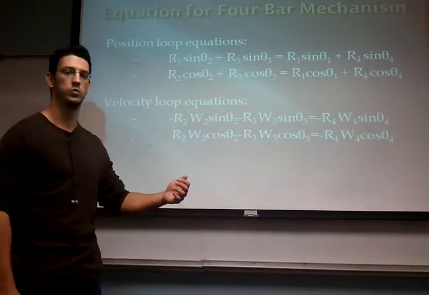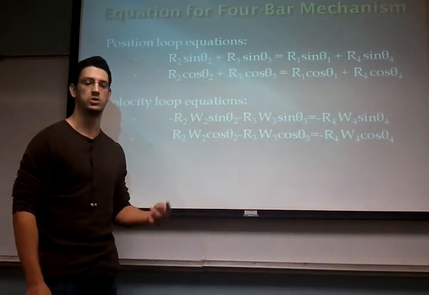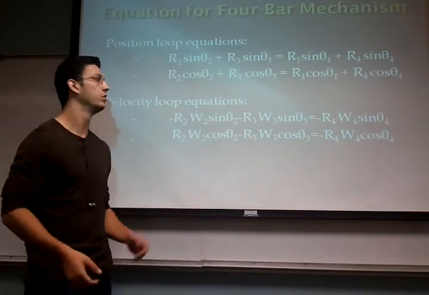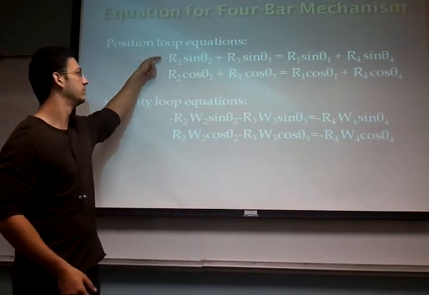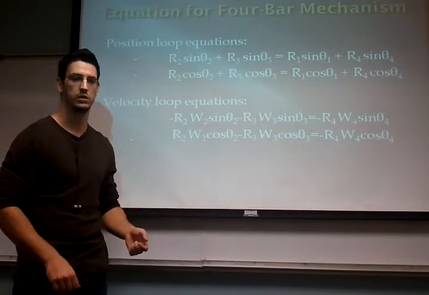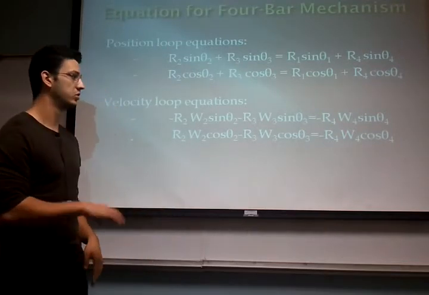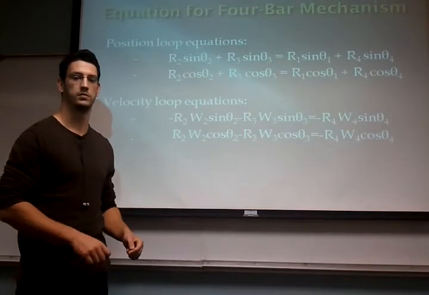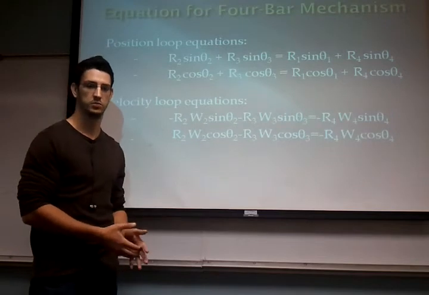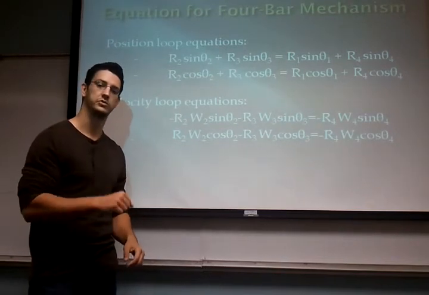But since we have 2 outputs, we need 2 equations to find them. The 2 equations we have are these, one based on the sine of the angles, the other based on the cosine of the angles. In order to find theta 2 and theta 3, in our case, you have to add those 2 equations, and through some mathematical manipulations, we cancel theta 3.